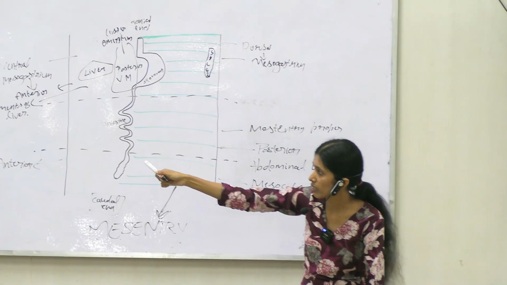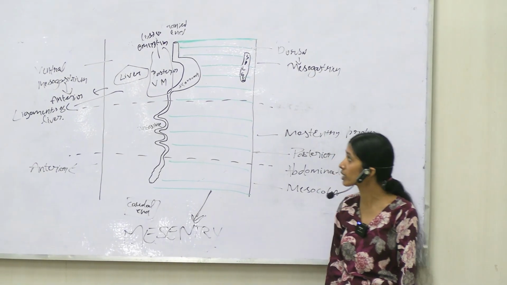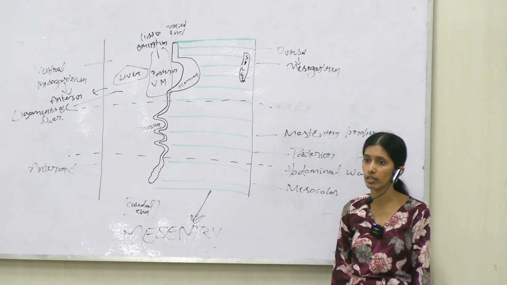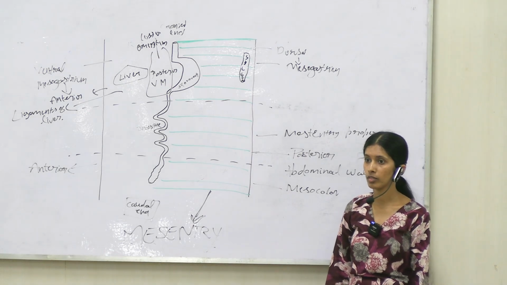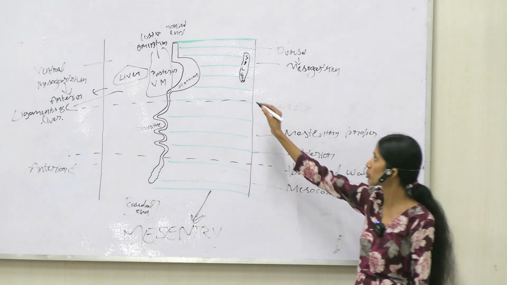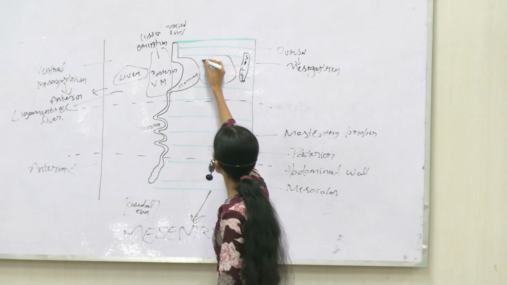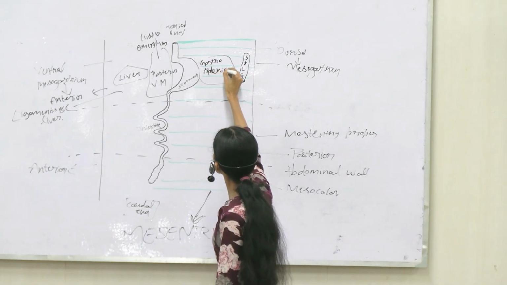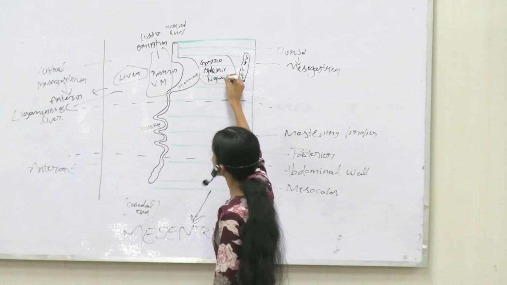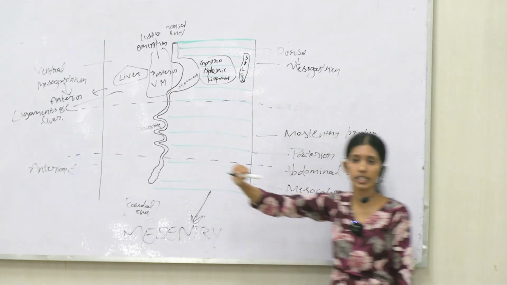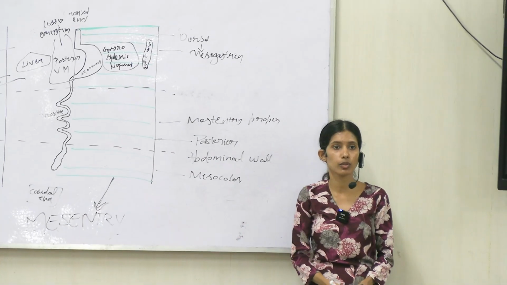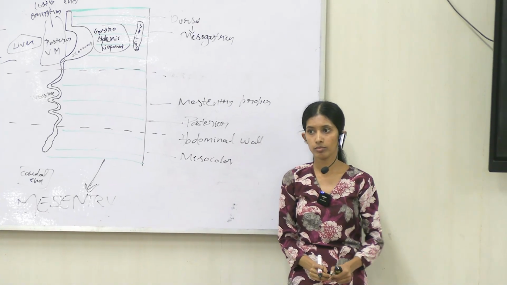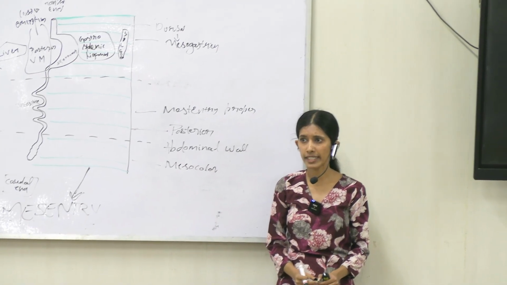The first one is gastrosplenic ligament. Where can we see the gastrosplenic ligament? Between the stomach and the spleen. So this part will turn into gastrosplenic ligament. Next we have lienorenal ligament. Where can we see the lienorenal ligament? Renal.